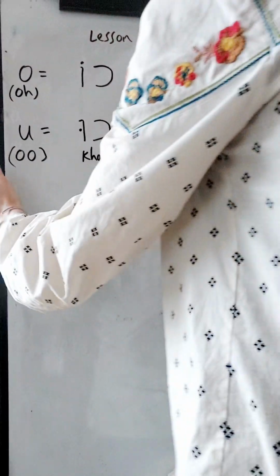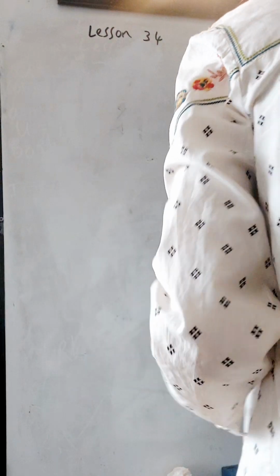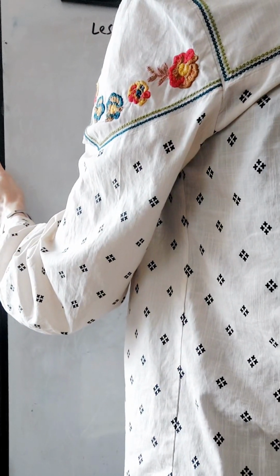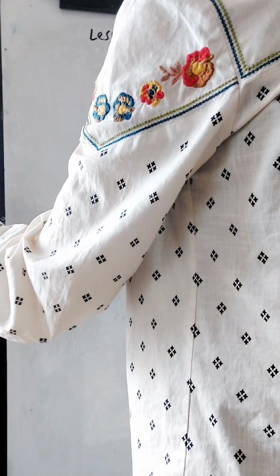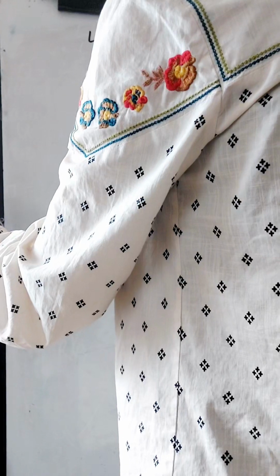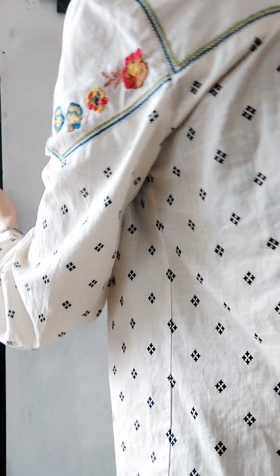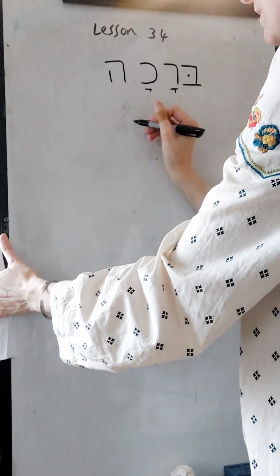Okay, so that's just a quick recap of the vowels. We look at some Hebrew words now, using our new consonant today. We're going to look at the word blessing. Sound of the consonant: this is the bet, it sounds as bach.